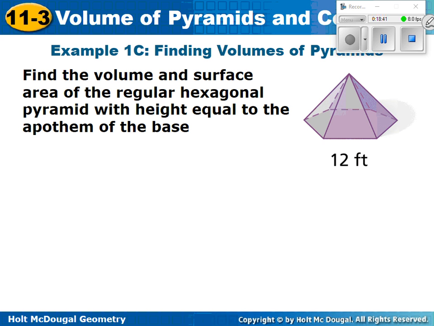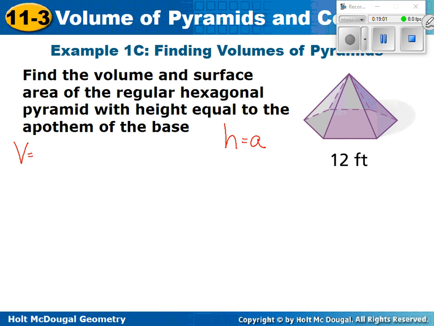Volume and surface area. All right, and it's a hexagonal pyramid, and what does it tell us about our height? It's equal to the apothem. So right now we know the height equals the apothem. I would write that down. Dissect your problem. You're trying to find the volume, and then you're going to find the surface area.